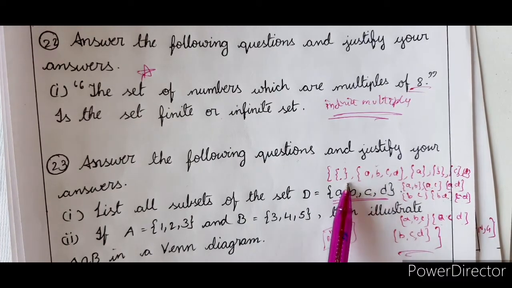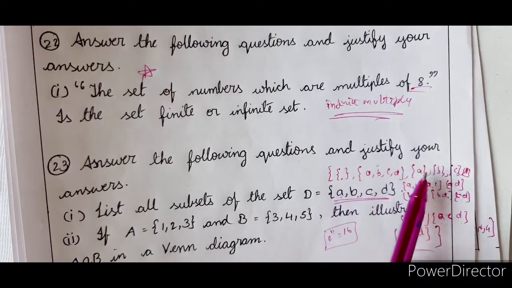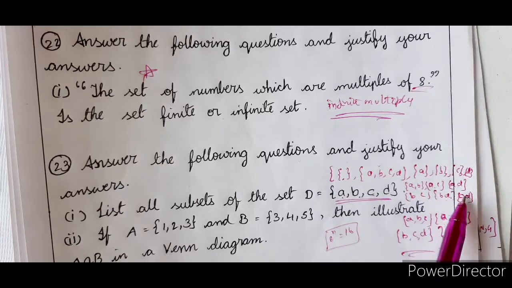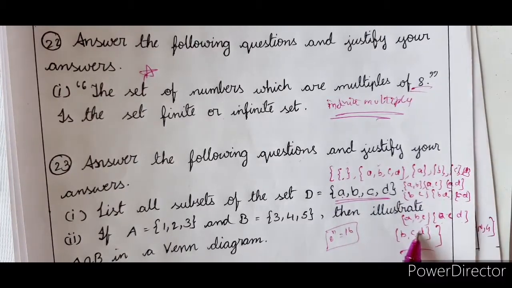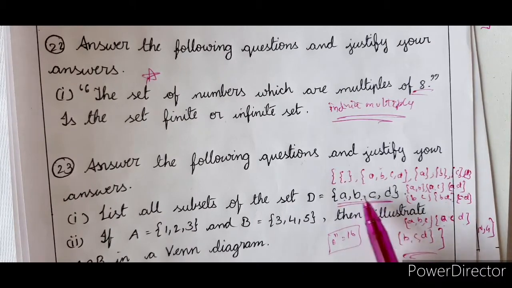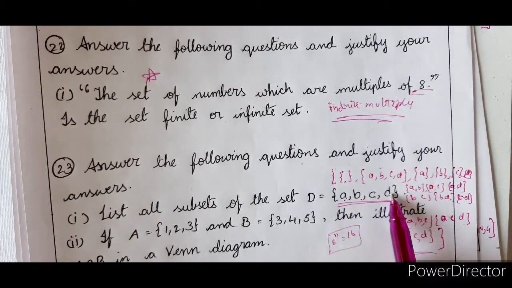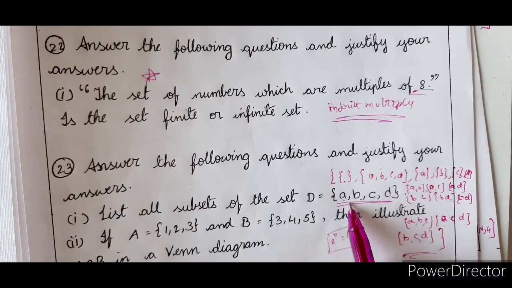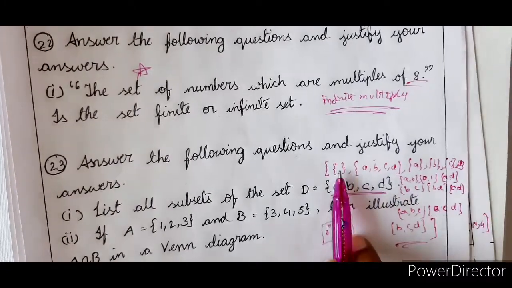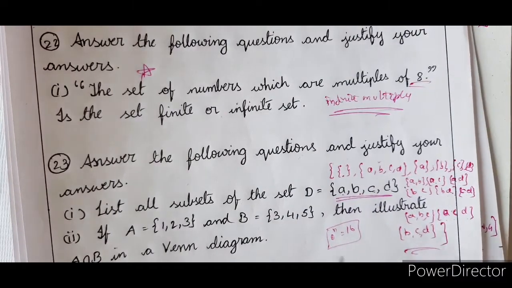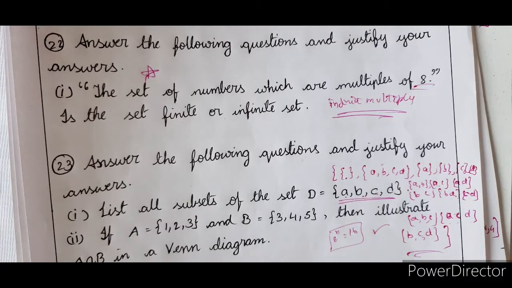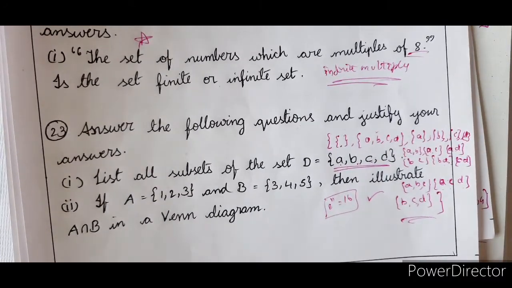Check, check, check, everybody. 1, 2, 3, 4, 5, 6, 7, 8, 9, 10, 11, 12, 13, 14, 15. I'm missing something somewhere. A, B, C, B, C, D, C, D, A. Yes, I got all. So I'll leave it to you. Where did I miss?